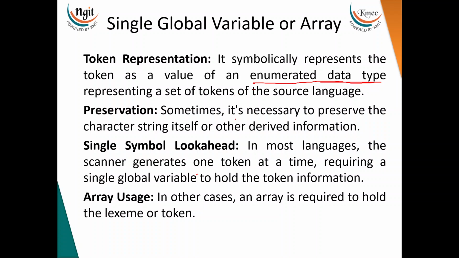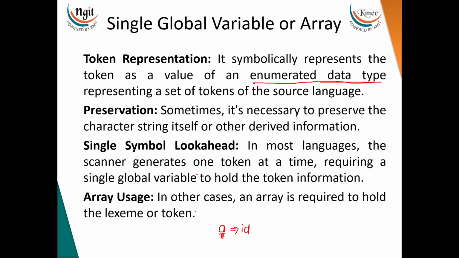Now sometimes we have to preserve some information about the tokens. For example, in the previous class we took A as an identifier. So what is this A? What type is it? What is the scope? Where is it being stored? Such information we must preserve for the next phases. In such cases we use arrays.